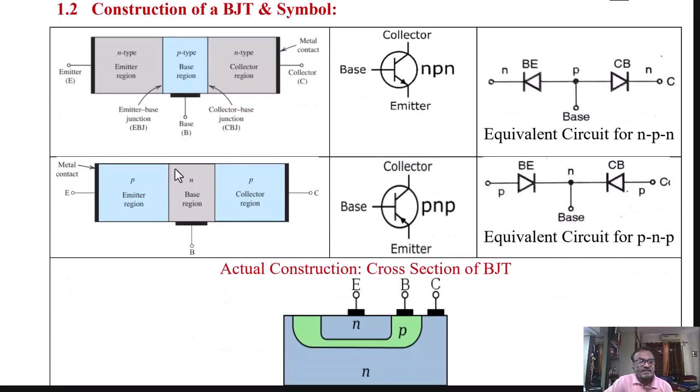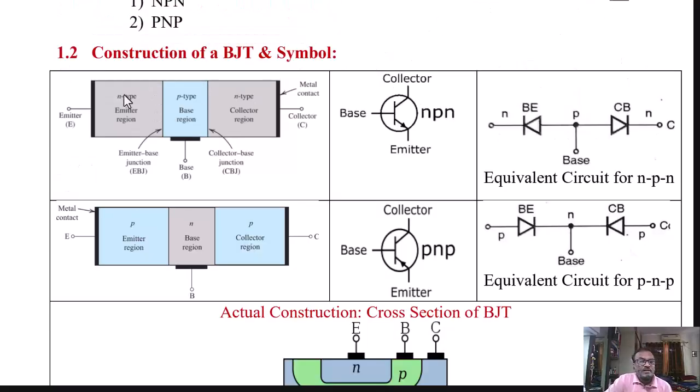Similarly, in the next figure, we will see the structure of the PNP transistor. Again, an N-type base region is sandwiched between two P-type regions, the emitter region and the collector region.